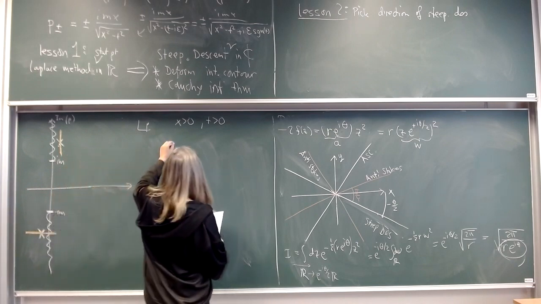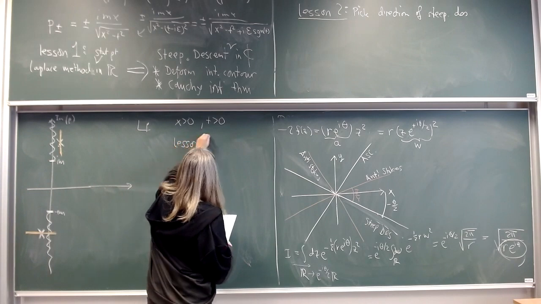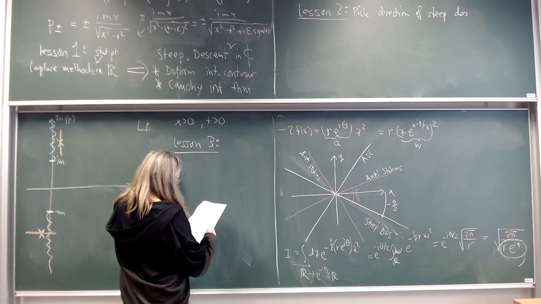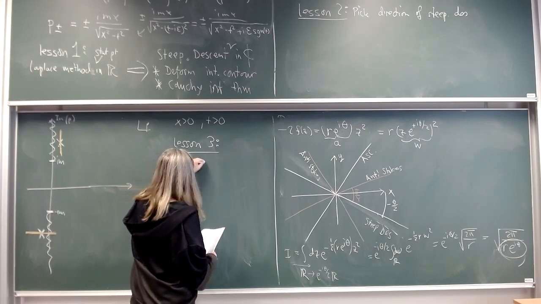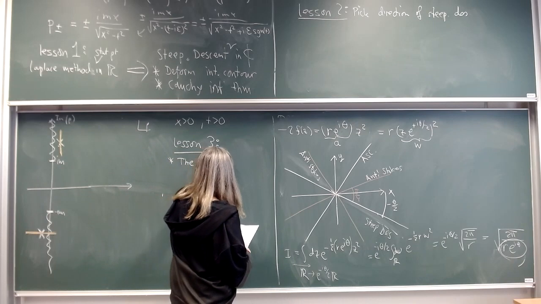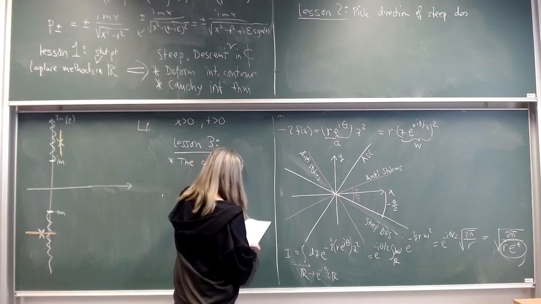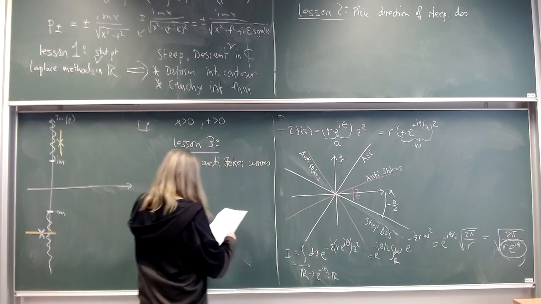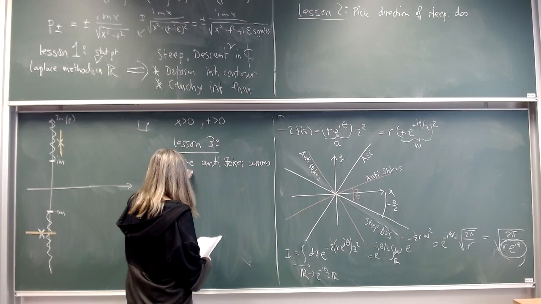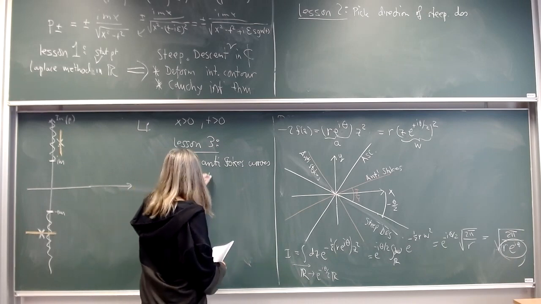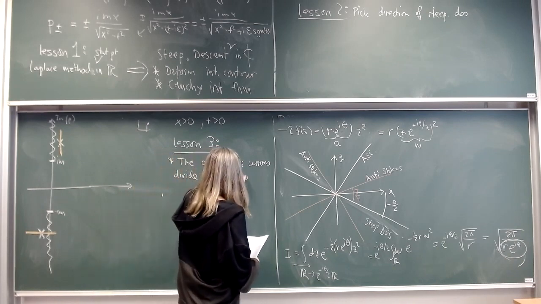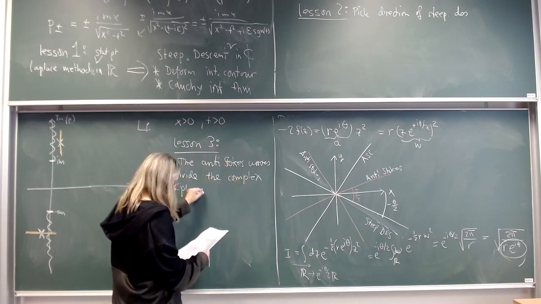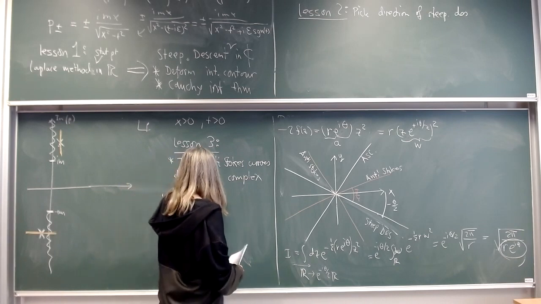So lesson number 3 is: the anti-Stokes curves divide the complex p-plane into sectors.